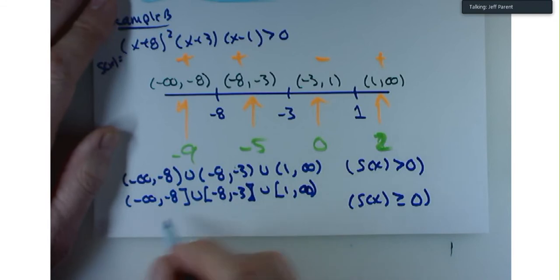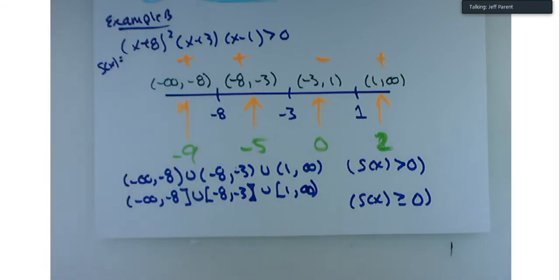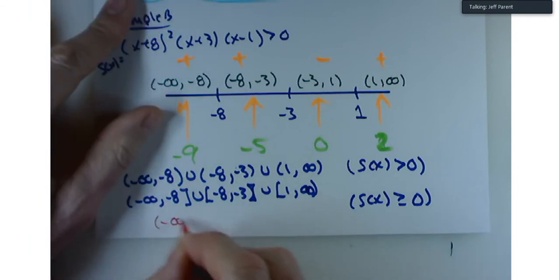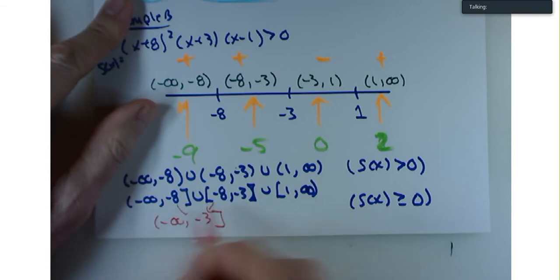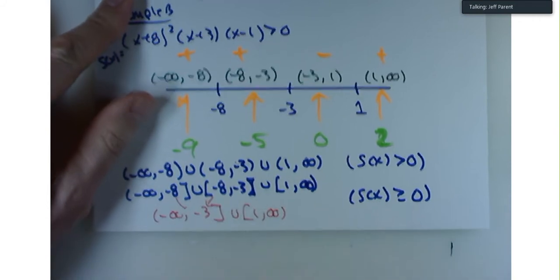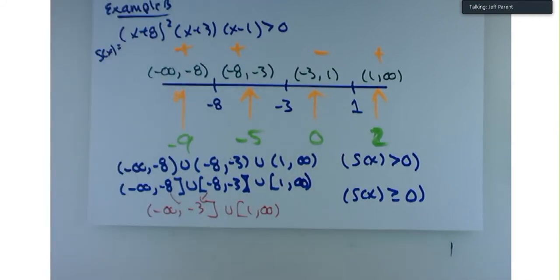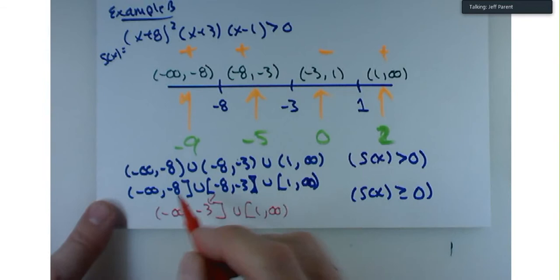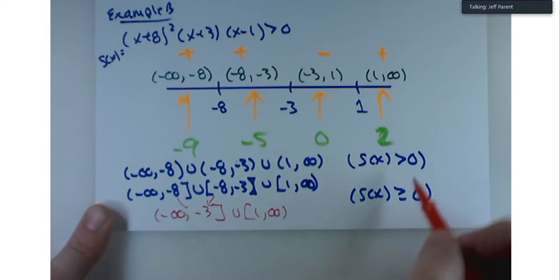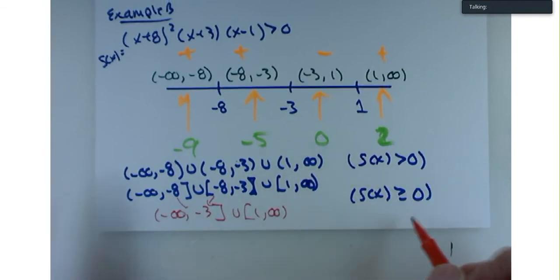So I'd be happier grading this if somebody would write negative infinity to -3, like that, just combining these two into one. Of course, this one is still here, but yeah, that's a great question. It makes a big difference if you have a greater than or equal to here. Okay, nice.